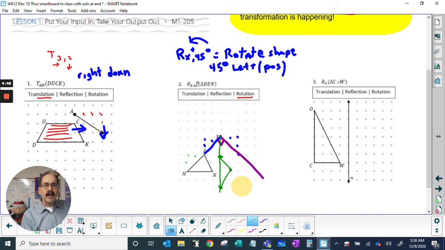Okay, all right. Now, this one, if we've already done the translation, we've already done the rotation, this must be to reflect. And we said in this class we're only going to do the x-axis and the y-axis. So let's pretend this is like the y-axis. So this is a reflection.